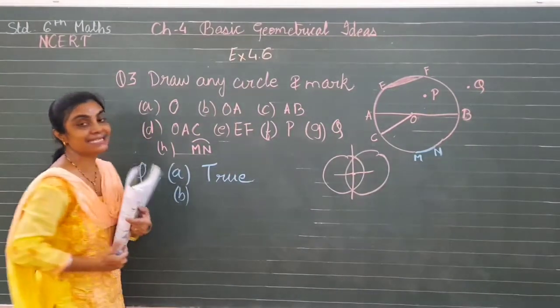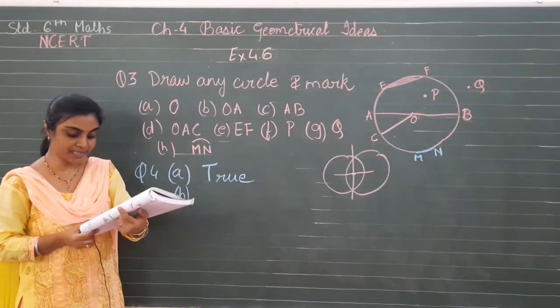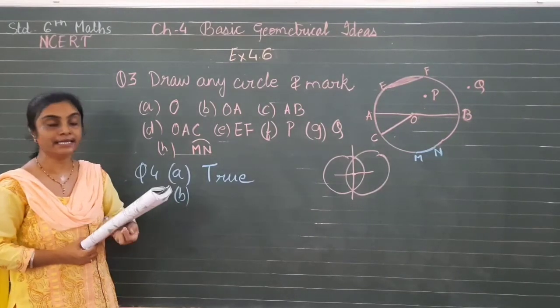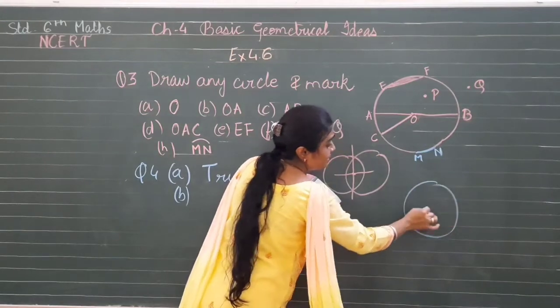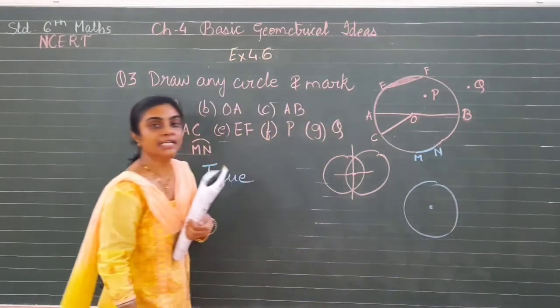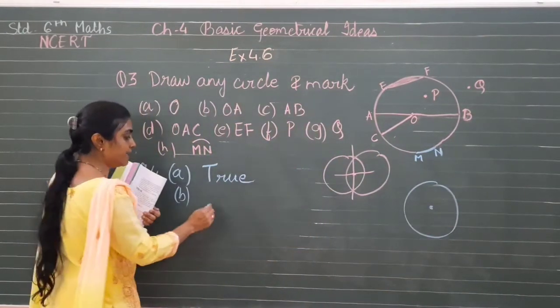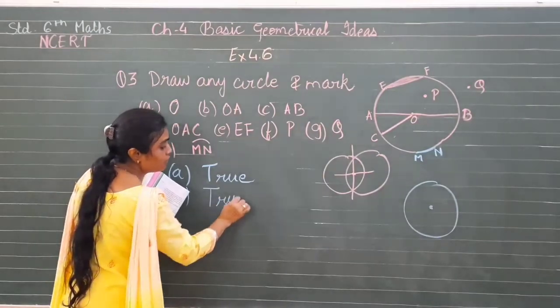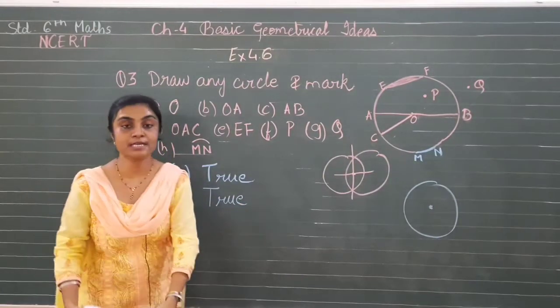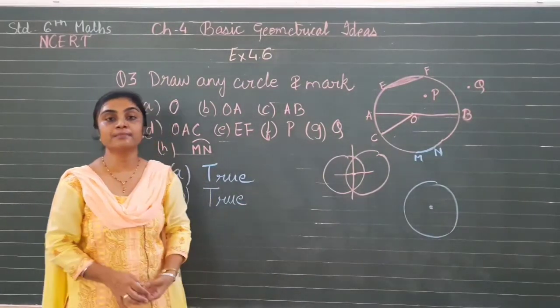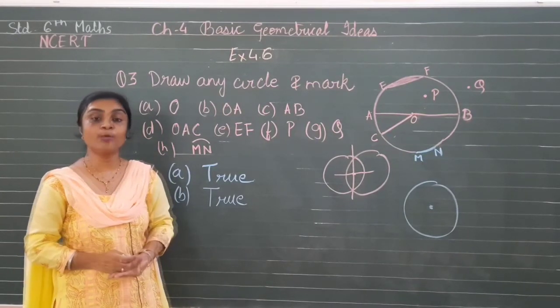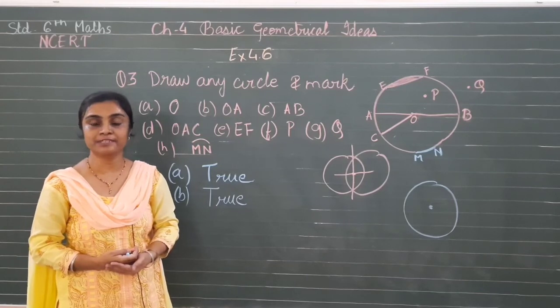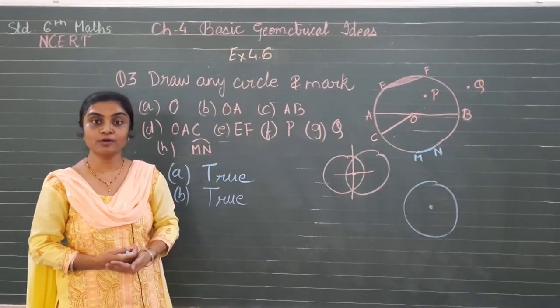Now the second one: the center of the circle is always in its interior. Yes, obviously, suppose this is a circle and this is the center, it will always lie in the interior. The second statement is also true. So students, this was about chapter number 4, basic geometrical ideas. I hope that you have understood all the concepts of chapter number 4. So thank you.